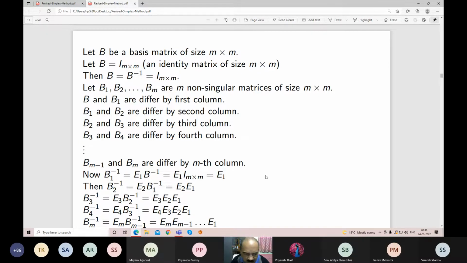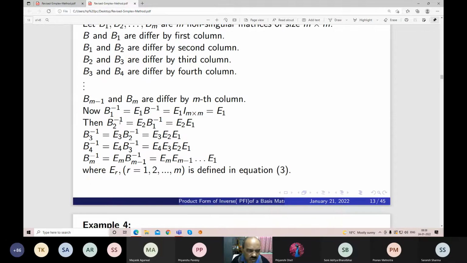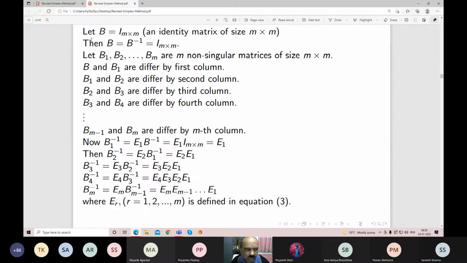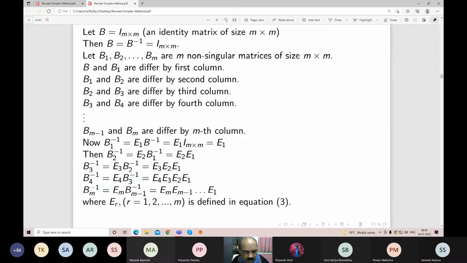As I have already told earlier, what is B here? B is nothing but an identity matrix. Yes or no? Initially, B is the identity matrix, but this B1 is a different matrix.